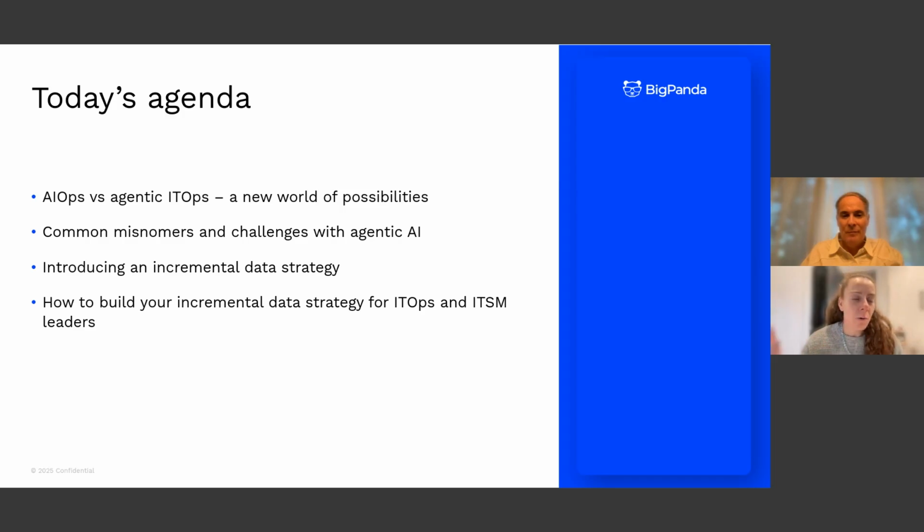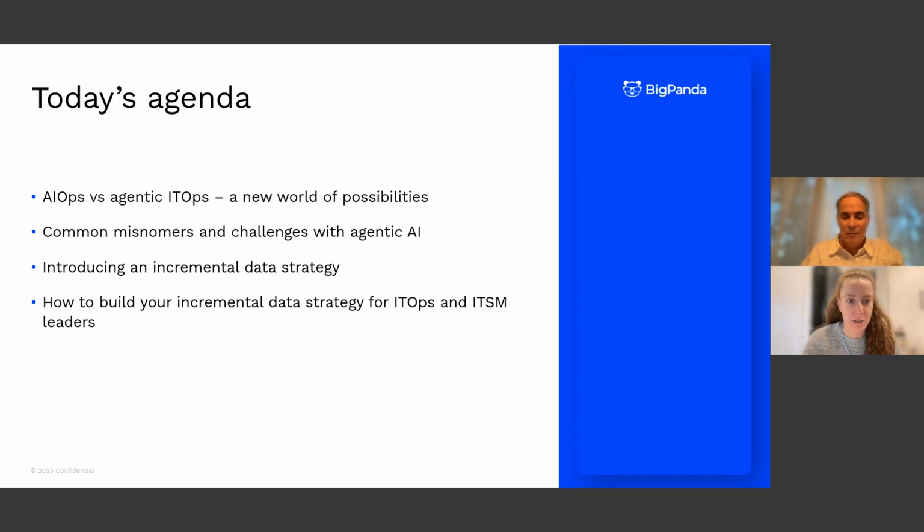So what we're going to talk about today is the introduction of AI, and how that is really transforming what we have known as AI ops into agentic IT operations in this new world of possibilities. We want to talk through some of the challenges and the misnomers that exist in the world and kind of taking over that narrative when it comes to AI capabilities. Then we'll talk a little bit about what we mean when we say an incremental, phased, progressive data strategy.